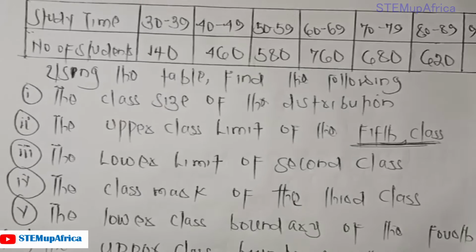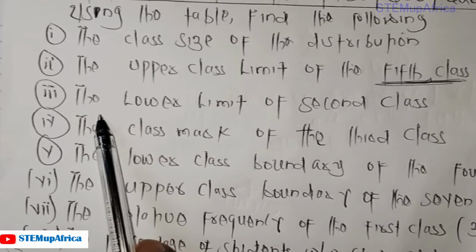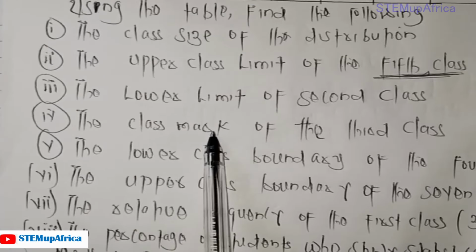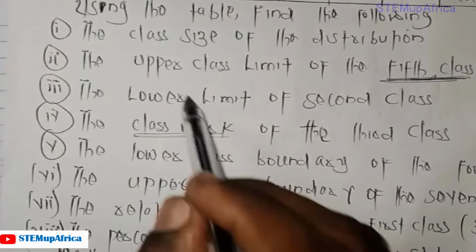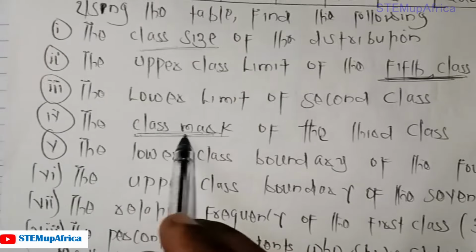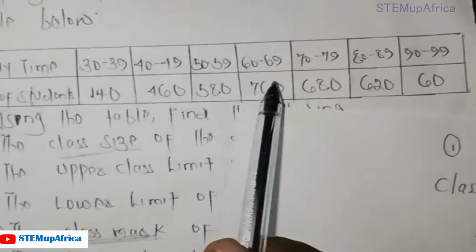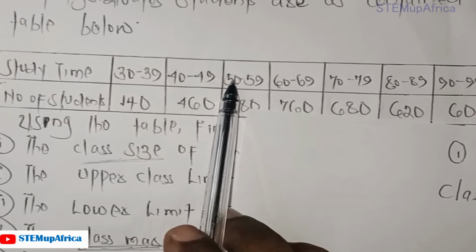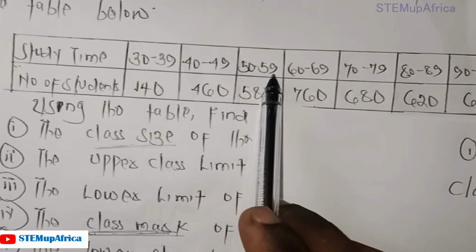Roman figure 4, we are asked to determine the class mark of the third class. Take note, we have class size, and we have class mark. The third class here is 50 to 59. So what is the class mark of 50 to 59?